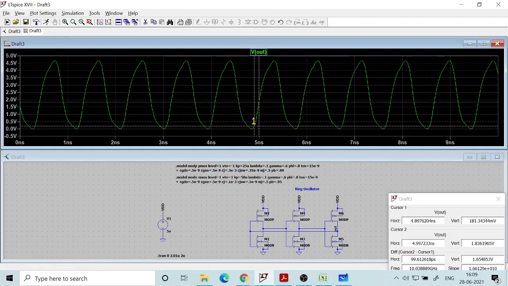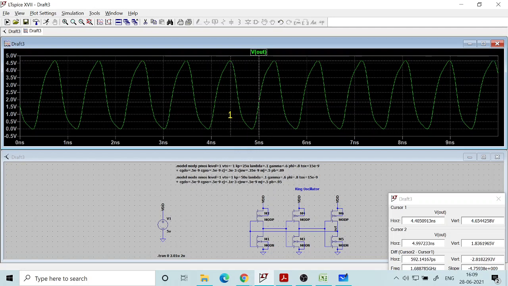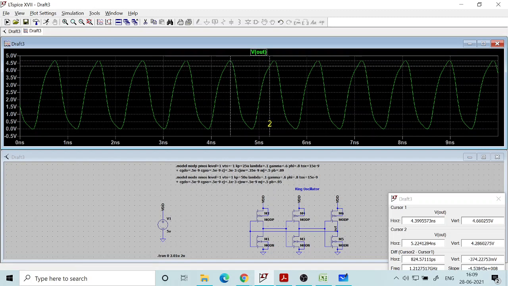Maybe we can start from the peaks, from one peak to another peak. Okay, so the difference is around 900 picosecond or 0.9 nanosecond.